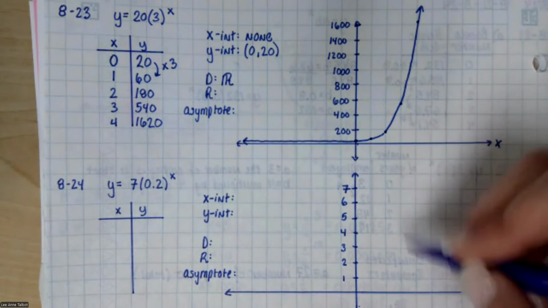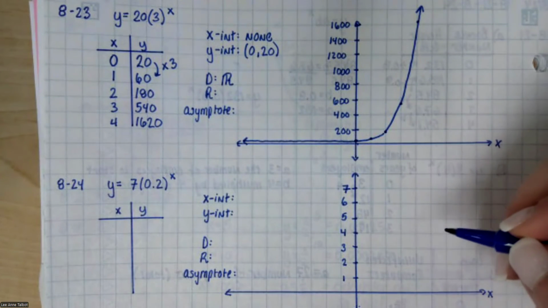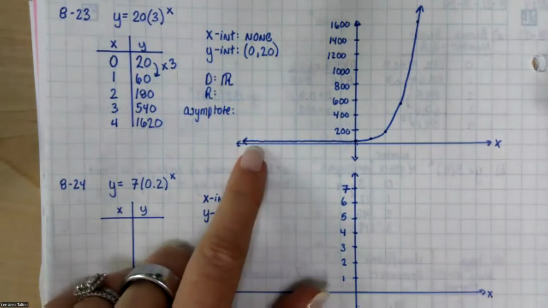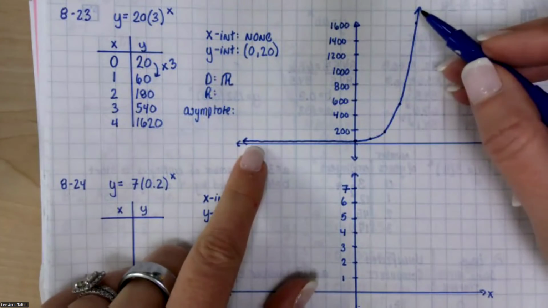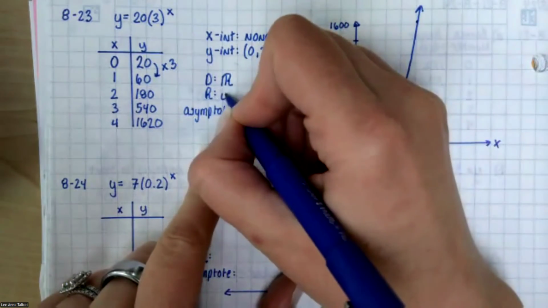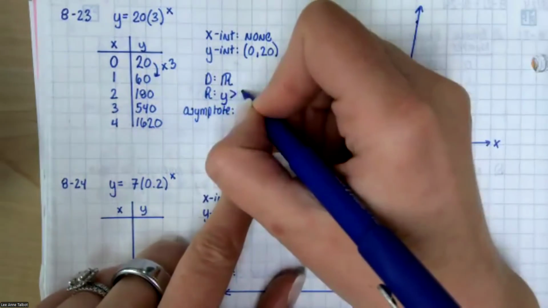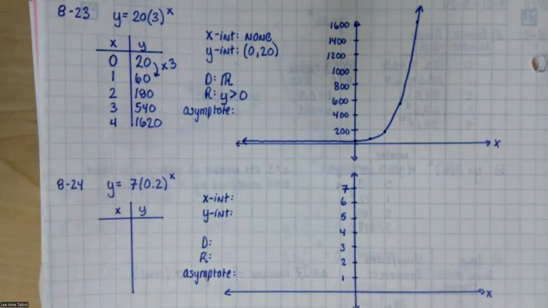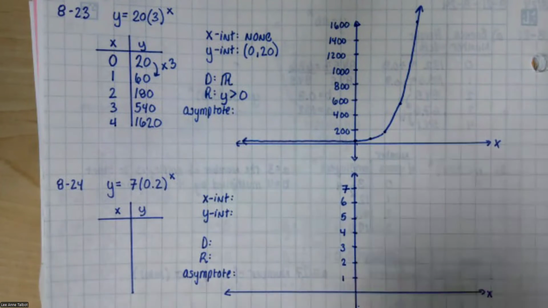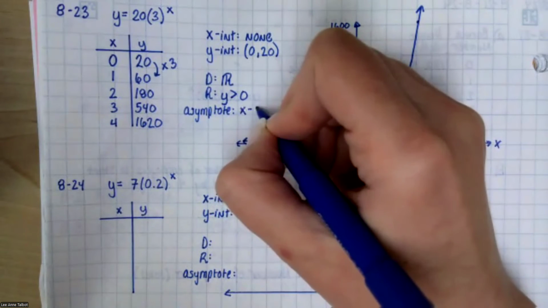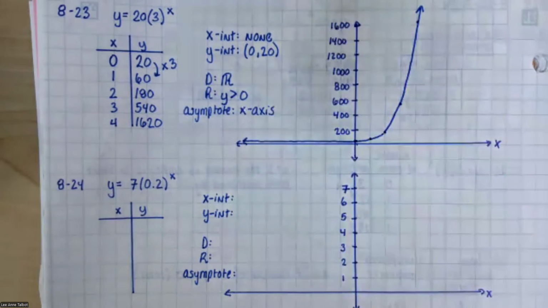Range, does it go forever down? No. Does it go forever up? Yes. Okay, so that means y is greater than 0. And we say greater than because it's not going to touch 0. And the asymptote is the x-axis.